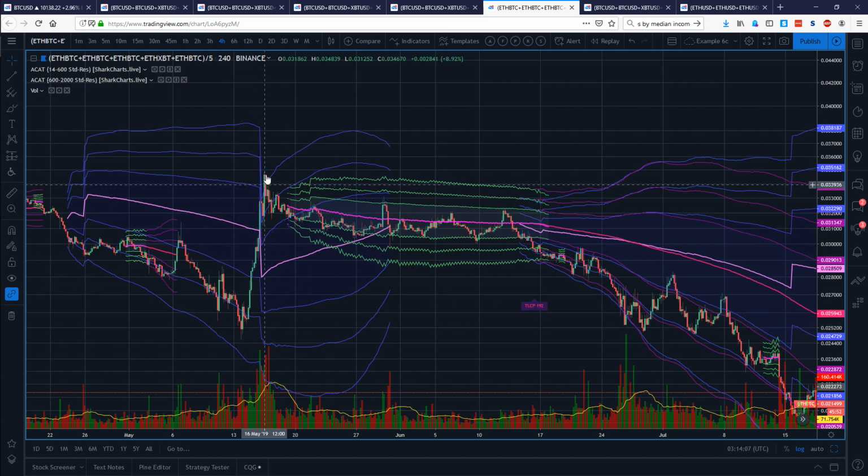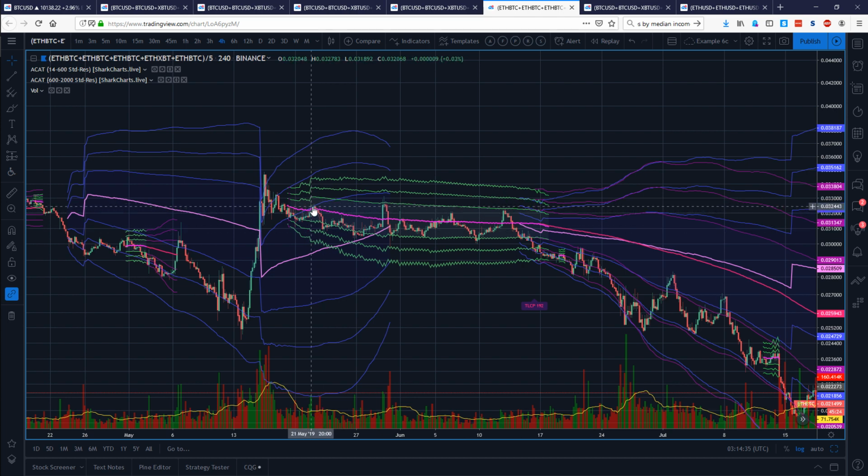This was the point where ETHUSD had its run to finally match BTCUSD after BTCUSD had its major move in May. And then we spent a whole month basically compressing that move on ETH BTC.